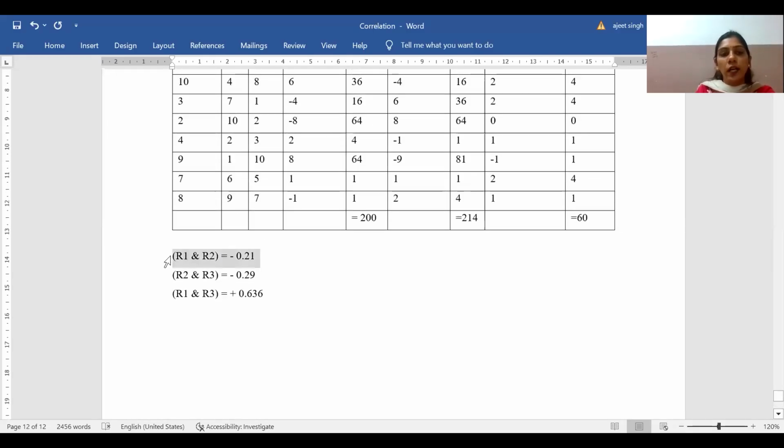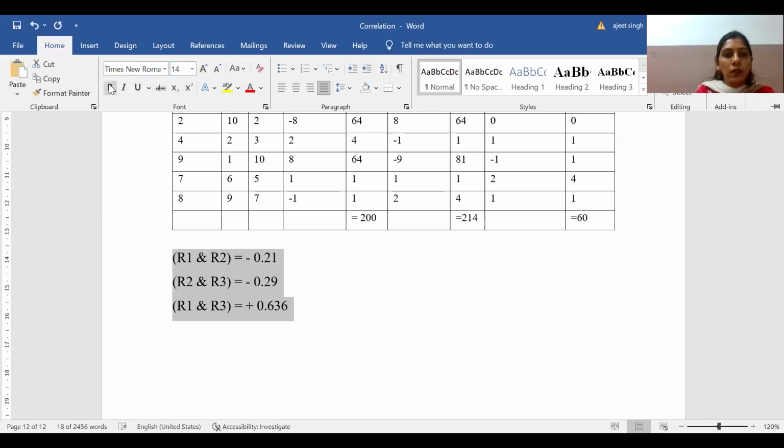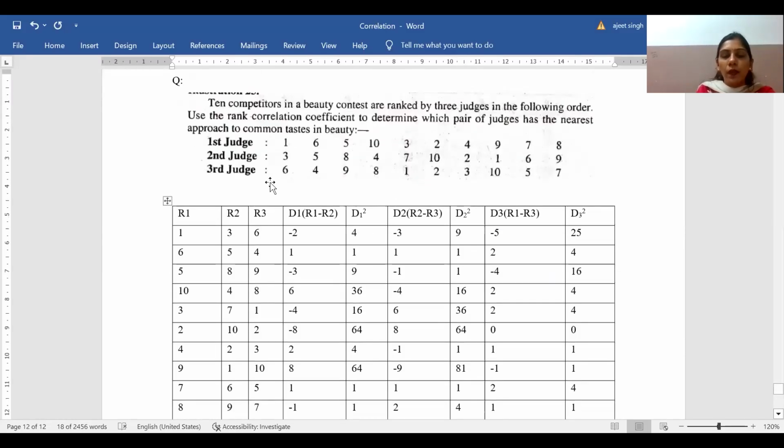Okay, so these are the answers of this question. So this is how we calculate the coefficient of correlation with the help of the ranking method.